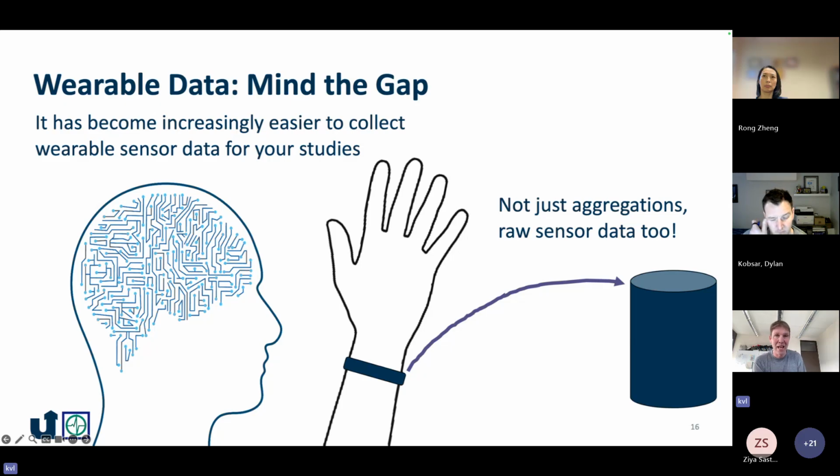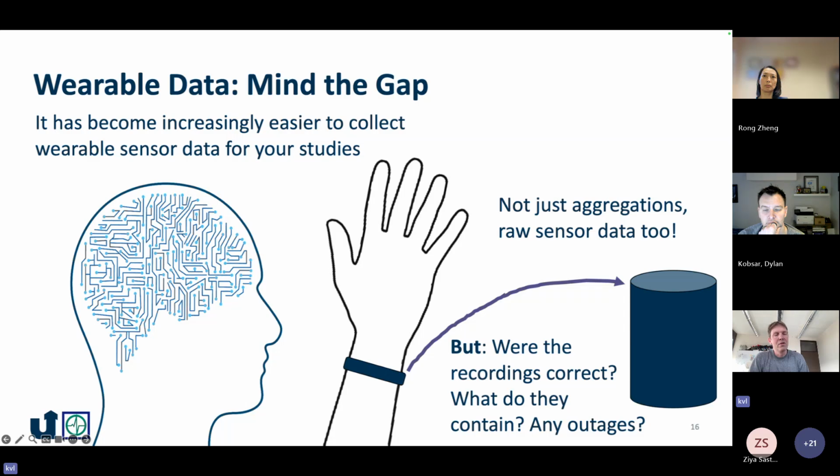I think that is what has happened in the last 2 to 3 years. So it's become also easier to get that raw data from a wearable. The problem is there are always possibilities of how to record data, or during this data recording, there are always ways that things can go wrong.